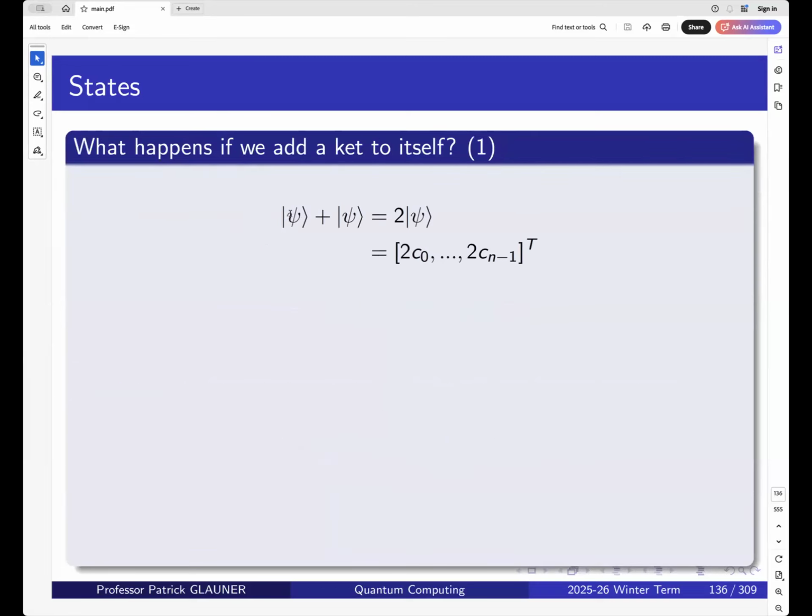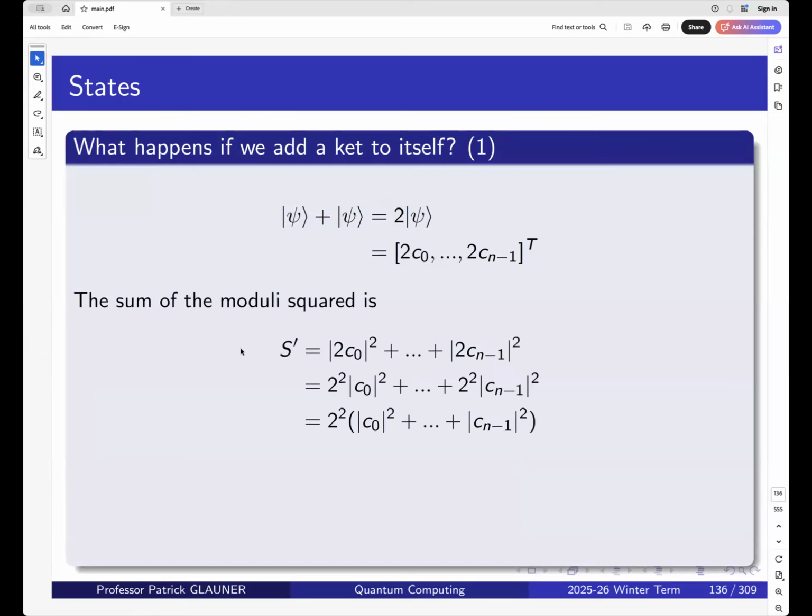You can also add a ket with itself. That's also fine. You can add psi ket and psi ket, which is just 2 times psi ket, and each entry just doubles.